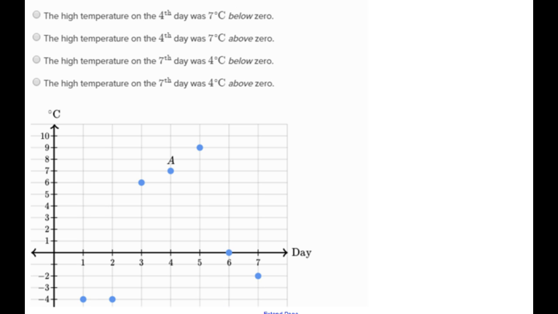Gustavo went on a 7-day trip to Portland, Oregon. When he returned home, he made the graph, shown below, of the high temperatures, degrees Celsius, that he experienced. What was the temperature on the 6th day of the trip?